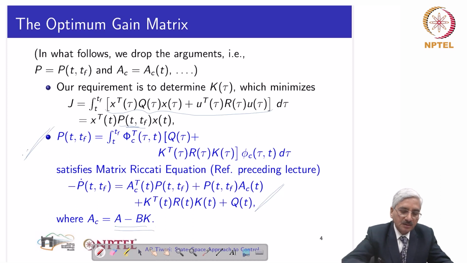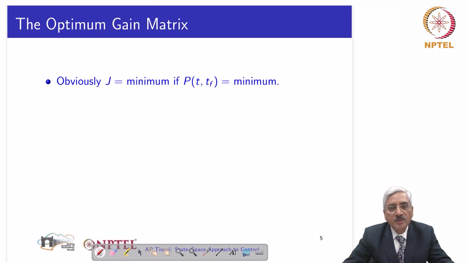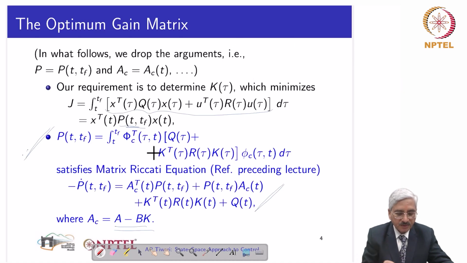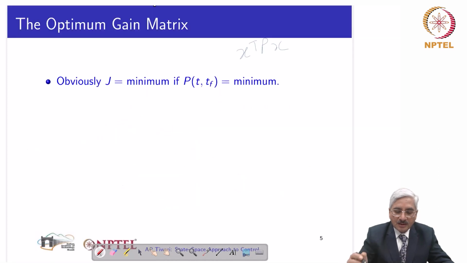Now we start with this. We do a few mathematical manipulations to derive the expression for K. Now if we see the expression for J, which is x transpose Px, of course x is the state of the closed loop system, then this quadratic will be minimum if P is minimum.